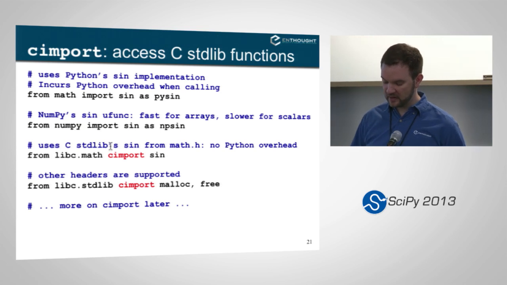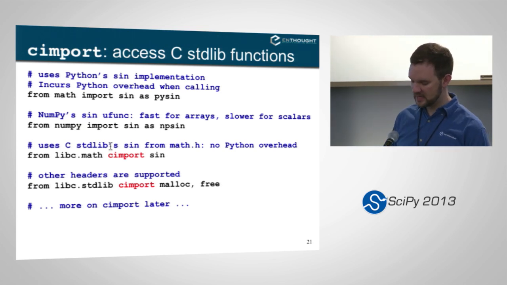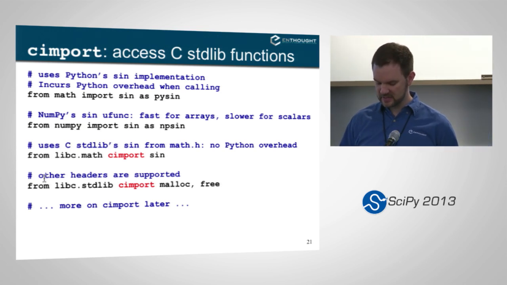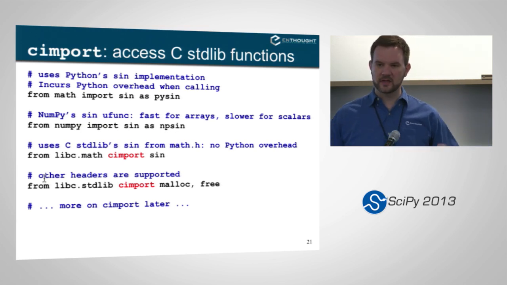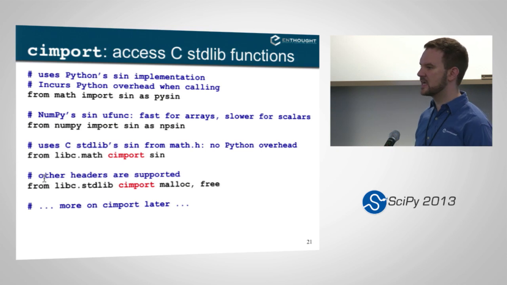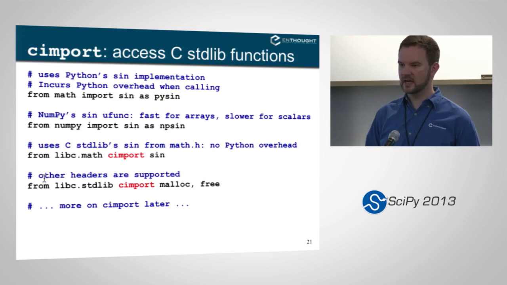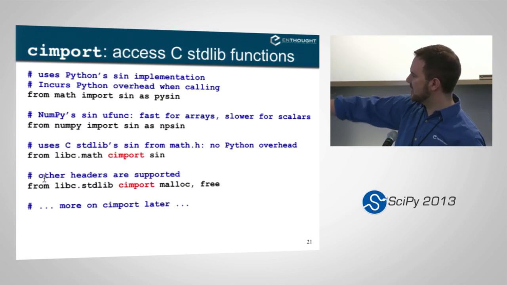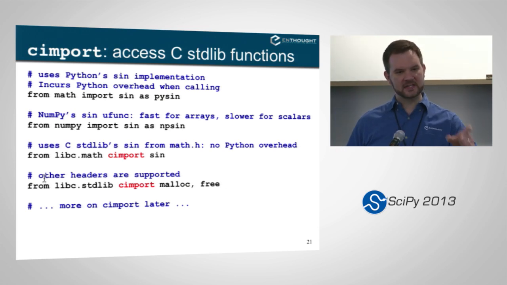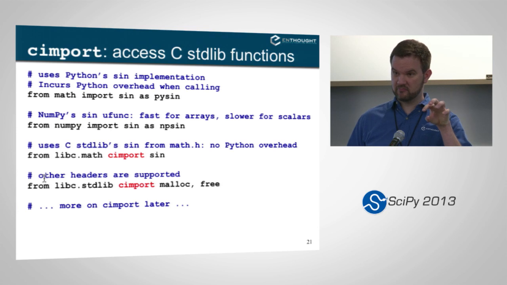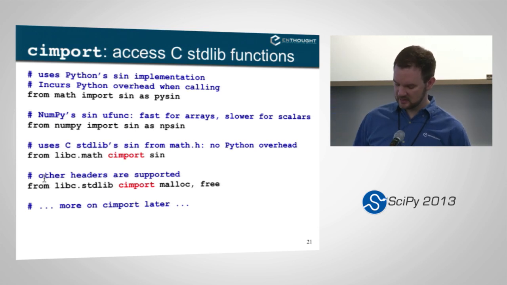And if you want to import malloc and free from libc.stdlib, you can say from libc.stdlib cimport malloc, free. Again, this can only go inside of Cython code. This is not valid Python, obviously. But this sin that we cimported from libc.math gives us access to the C function sin. So there's no Python overhead when calling this sin function here.